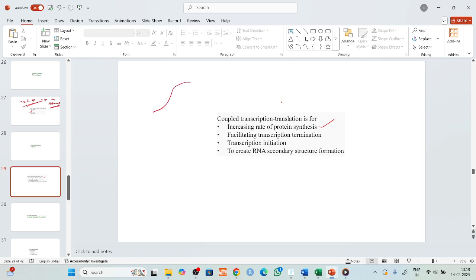Whatever portion of the mRNA has been synthesized, let's start making proteins from that portion itself. From the same mRNA, many proteins are synthesized simultaneously while the mRNA is still being synthesized. So coupled transcription translation is for increasing the rate of protein synthesis.